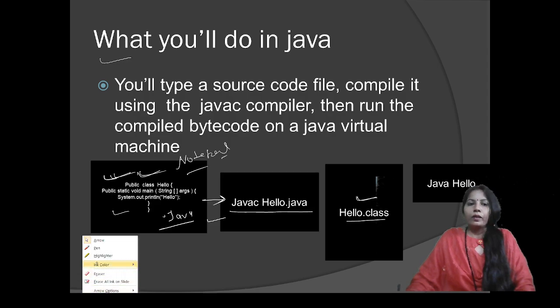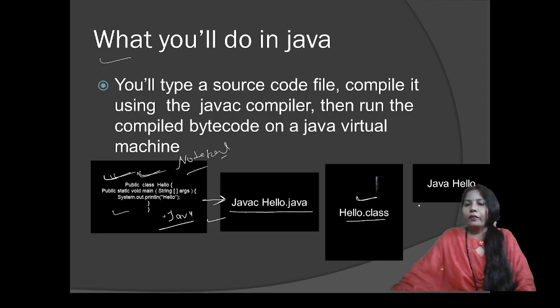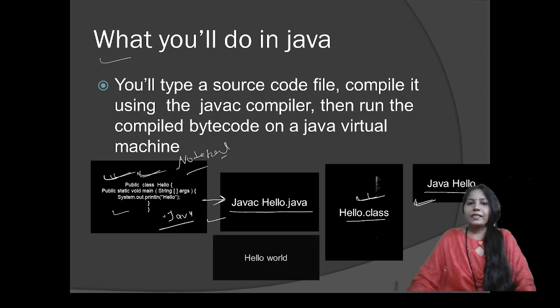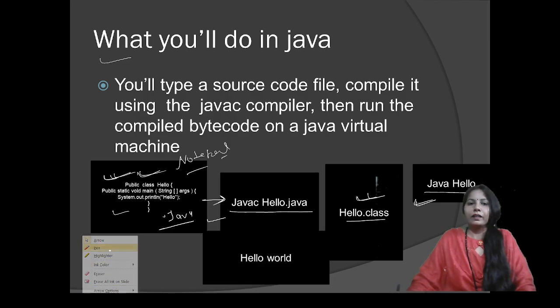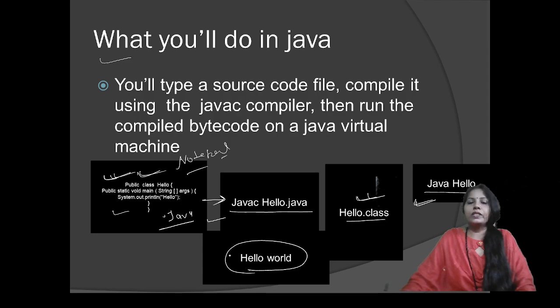Now this bytecode will run on the Java virtual machine. So to run this bytecode, again we type java hello at the command prompt. After execution, you receive output like hello world.